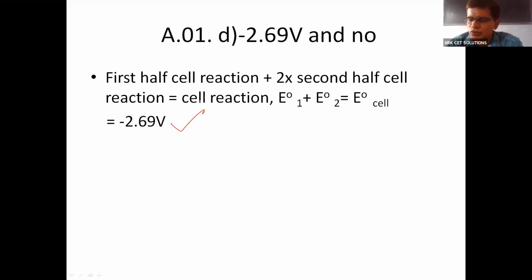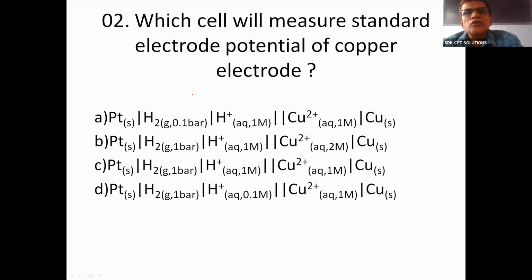That is the answer. Second question: which cell will measure the standard electrode potential of the copper electrode? For the potential of any electrode, you need to connect it with SHE, the standard hydrogen electrode.